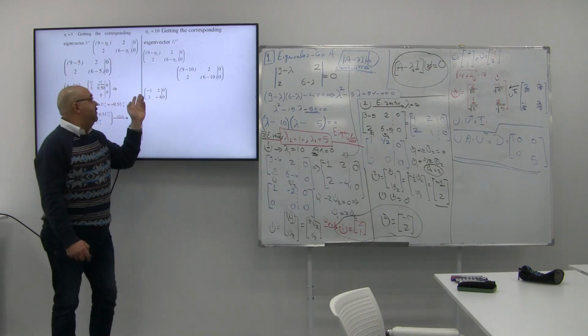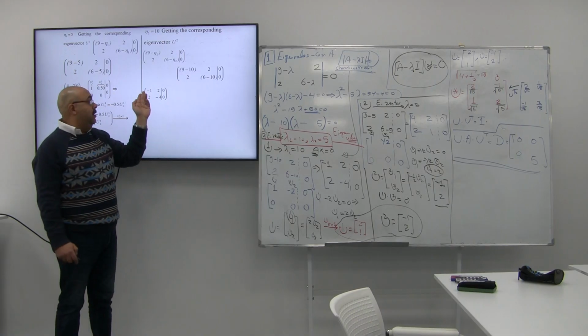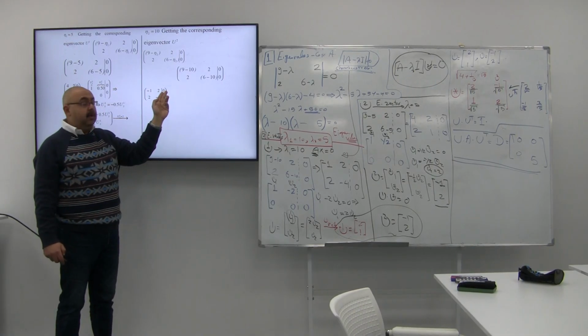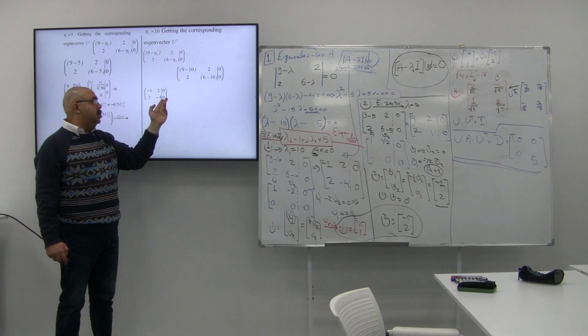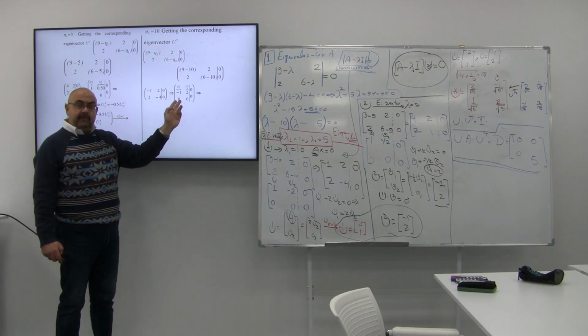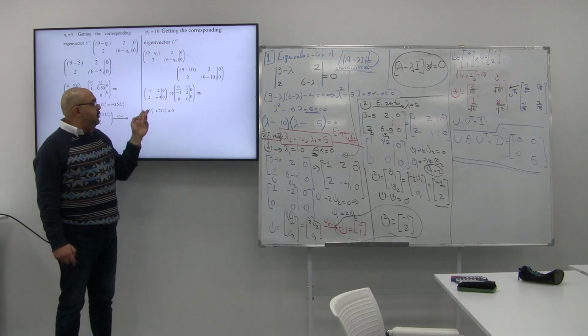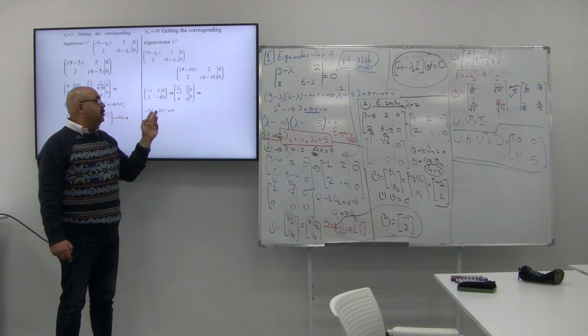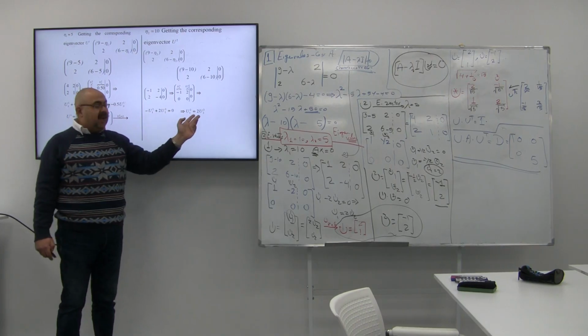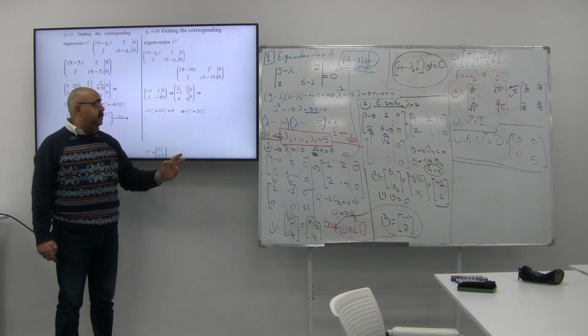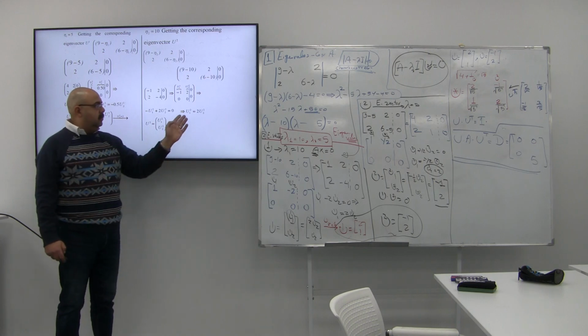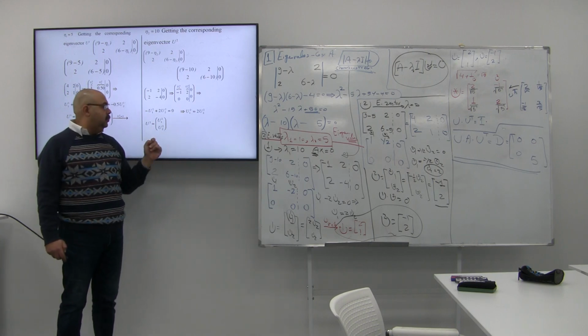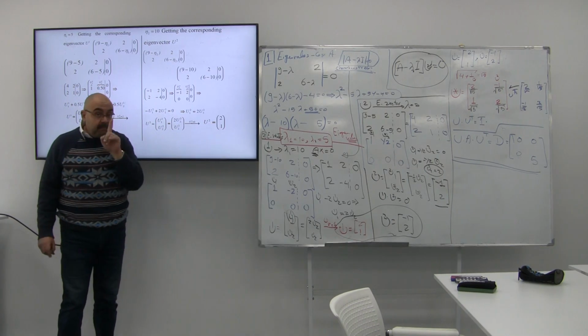I will divide the first row by negative 1, so it's gonna be 1 and negative 2 equal to 0. Then multiplying and trying to get to the reduced echelon form, I will have the first component equal twice the value of the second component of this eigenvector. In a similar manner, I will put u12 equal to positive 1, and I will end up having 2 and 1.